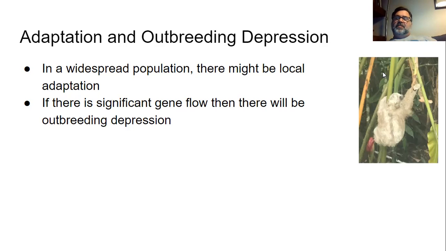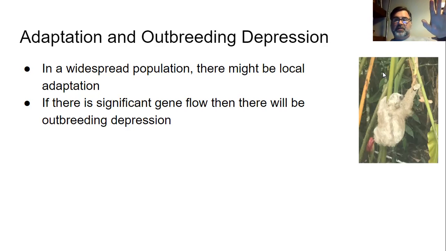Imagine a widespread population and there's local adaptation. So I put a sloth here, and I have no idea if this is actually true, but there seems to be a population of sloths that like mangroves and the coast, and then there are other individuals that like regular rainforest, not the coast.